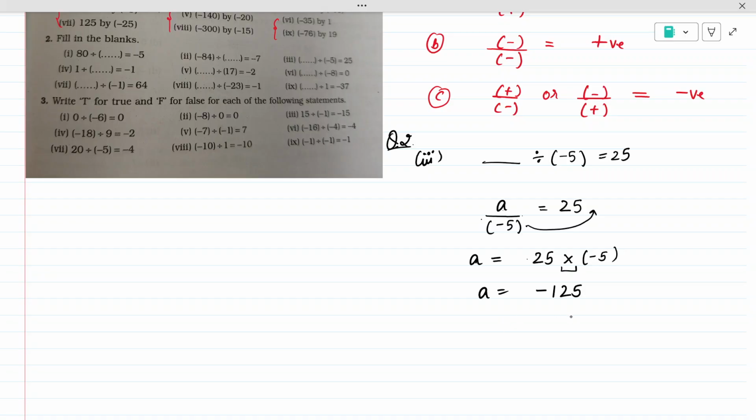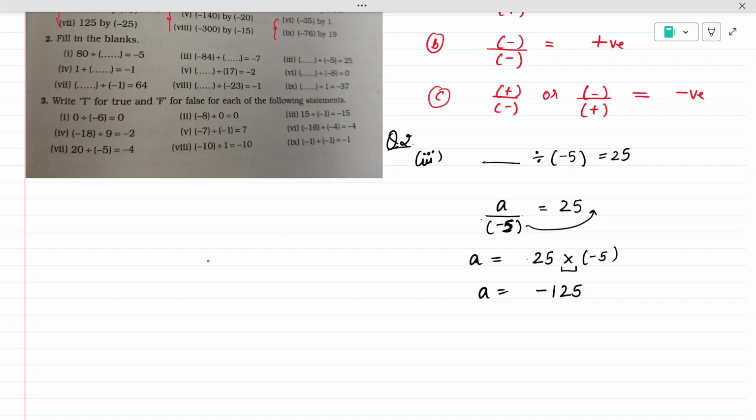This is the answer. Okay, so what we have done, this minus 5 was in division, we are taking it to the right hand side, so division is changing to multiplication. Okay, and this minus 5 is as is now, but in multiplication with 25.